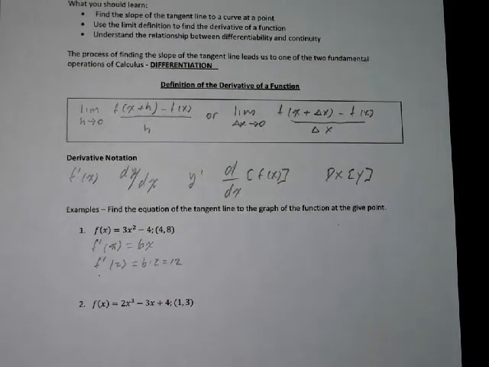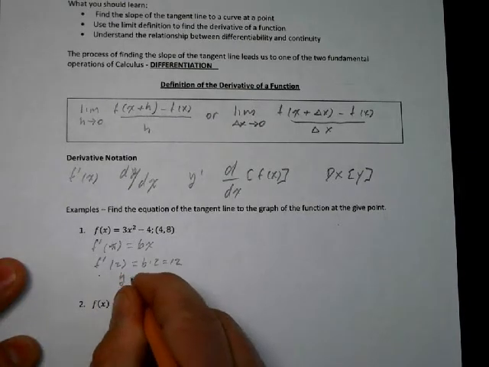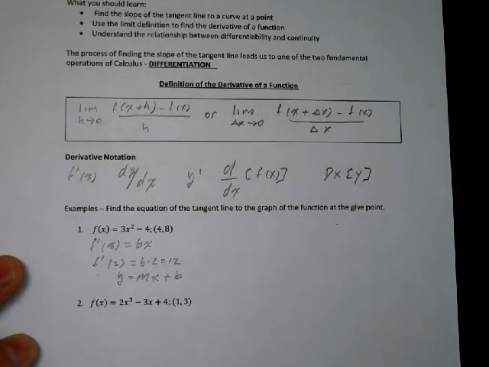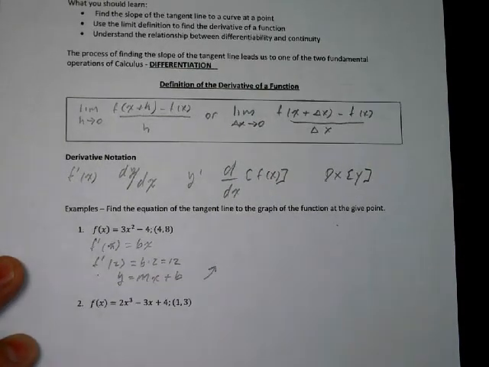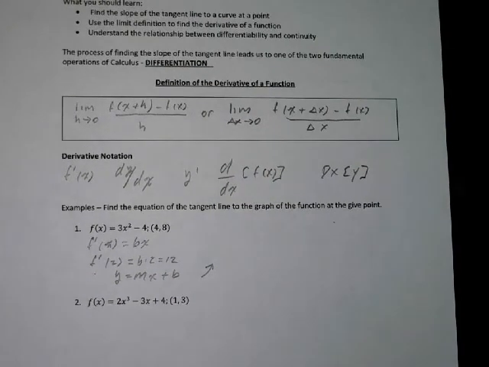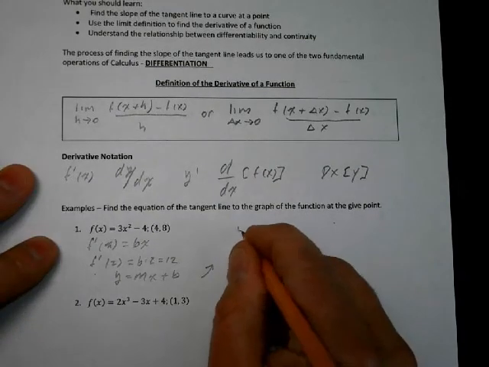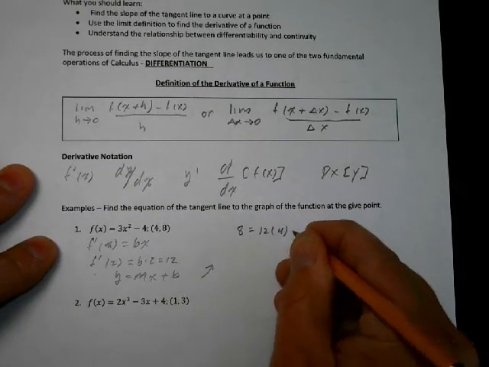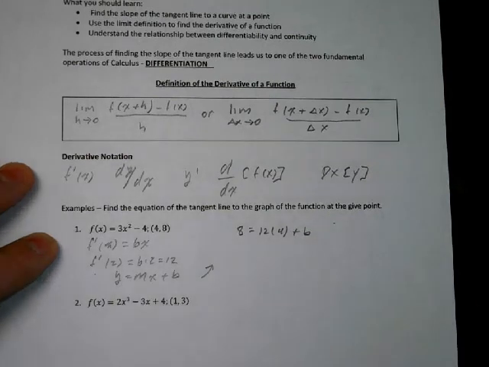Now I have the slope and I have a point. I'm going to use slope-intercept form because it doesn't specify to use a different form to find the equation of the tangent line. 8 equals 12 times 4 plus b.